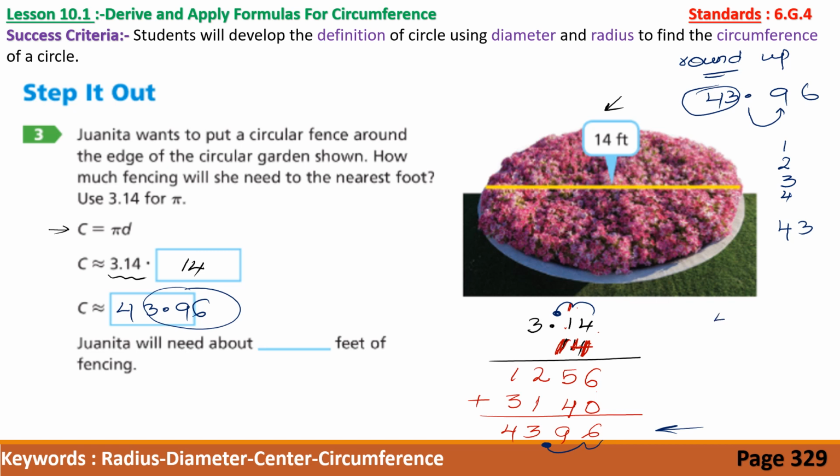But if after the decimal there is 5, 6, 7, 8 or 9, then you add 1 to this 3. So it will become 44. So here, after rounding off, we can say we need 44 feet of fencing.